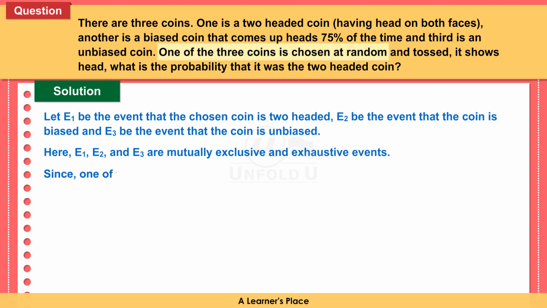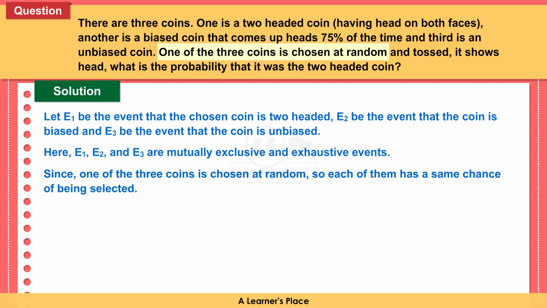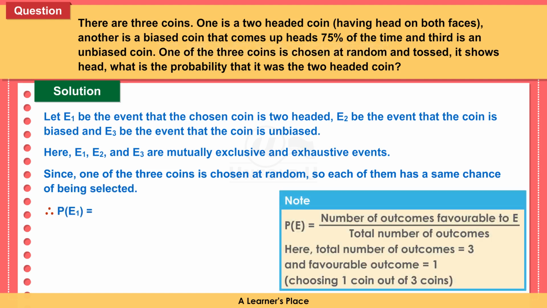Since one of the 3 coins is chosen at random, each of them has the same chance of being selected. Therefore, probability of E1 is equal to probability of E2 is equal to probability of E3 is equal to 1 by 3. Mark this equation as 1.